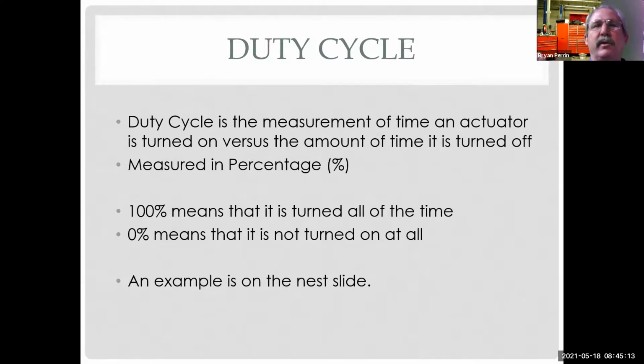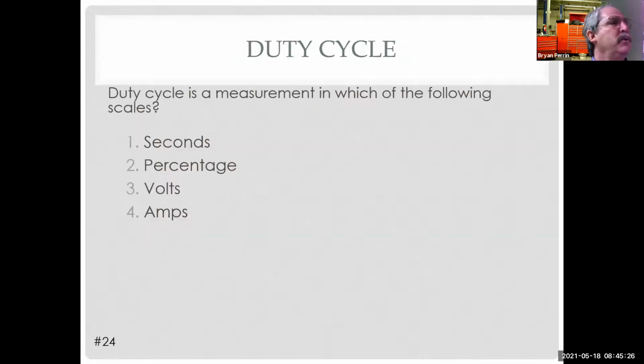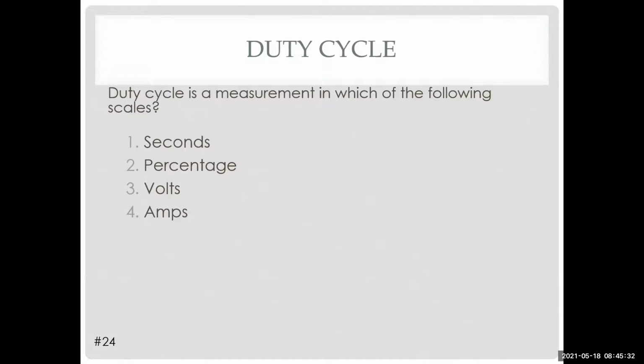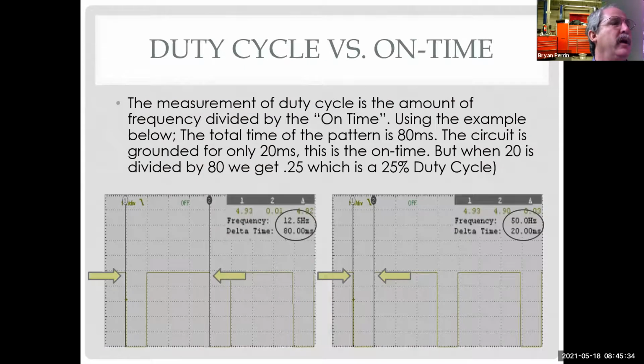That's also why we don't really see zero very often, although occasionally you do see things go to zero, which is completely offline. Then it goes into control. But we don't see solid up all the time. So a duty cycle is a measurement in which of the following scales? Percentage.